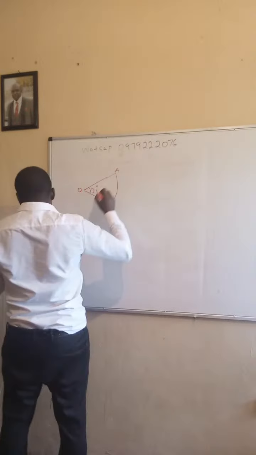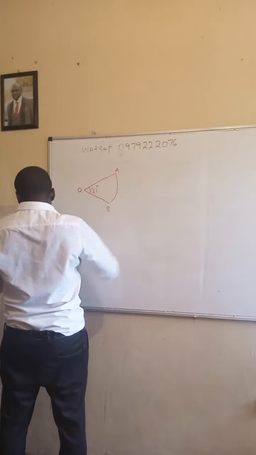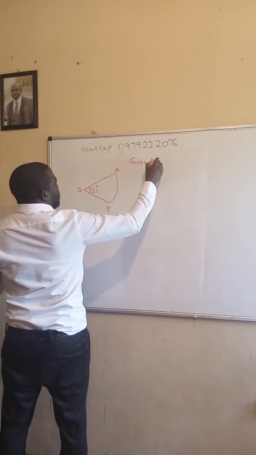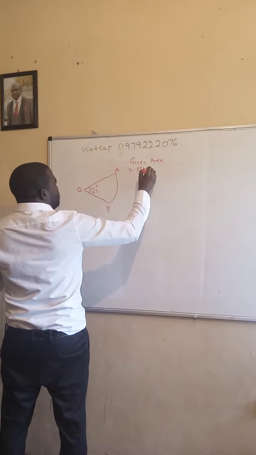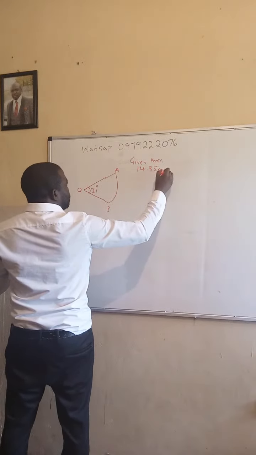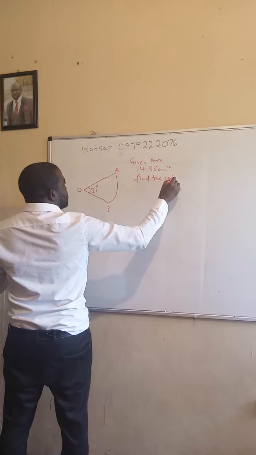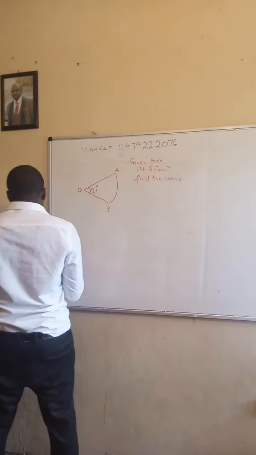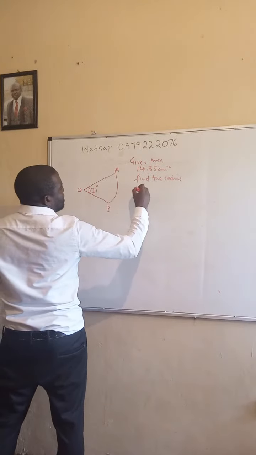Okay, so the question was saying: given the area to be equal to 14.85 square meters, find the radius.